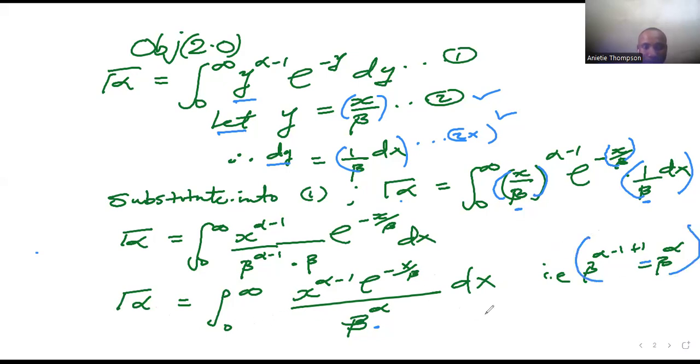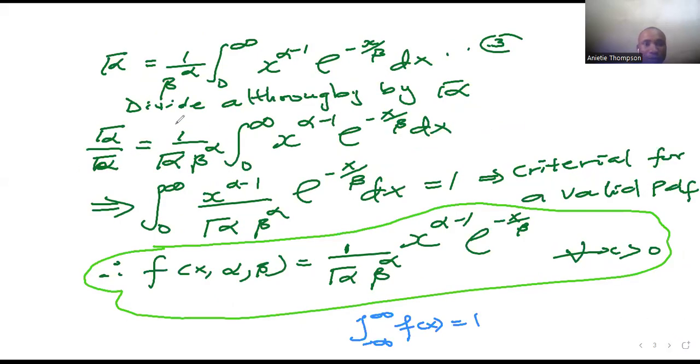Well, if I divide all through by gamma of alpha, then we will have what we have here. So, do the necessary substitution and pull out the constants gamma of alpha and beta raised to the power of alpha, which are inside the integrand, out, and then we have the reciprocal of them. Then gamma of alpha divided by gamma of alpha, you have 1.